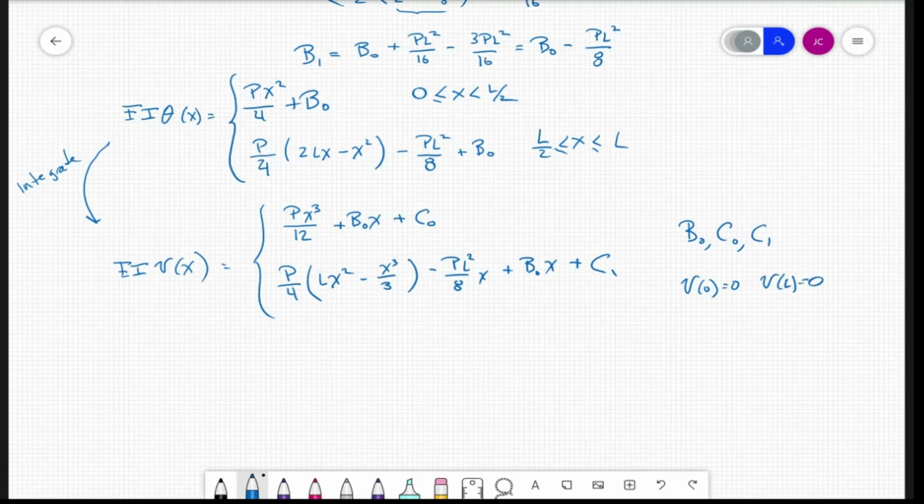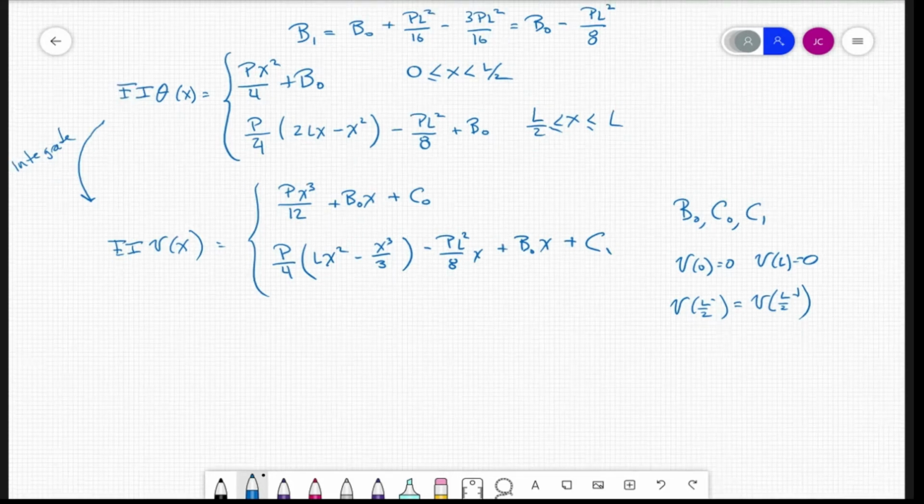That can allow me to solve for 2 of those constants. But again, I have to have a third one, but I also have continuity. That v at L on 2 from the left side has to equal v at L on 2 from the right side, right? There can't be a discontinuity in the deflection, right? Unless the beam is broken, all right?